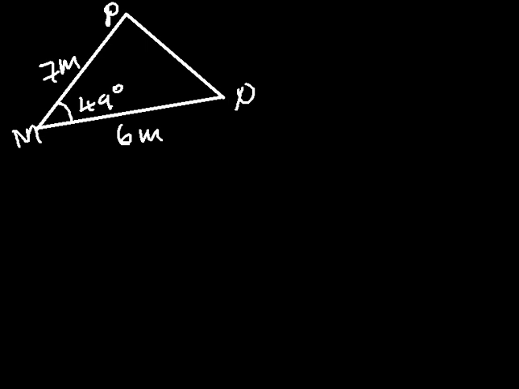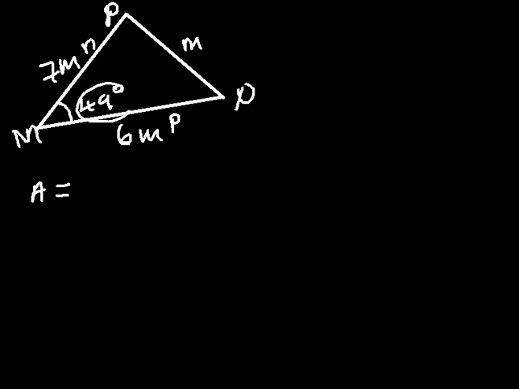The area of the triangle will be expressed using the area rule, where if we label the sides, this is the side M, this is the side P, and this is the side labeled N. We understand that the area of a non-right-angled triangle is expressed using what we call the area rule.